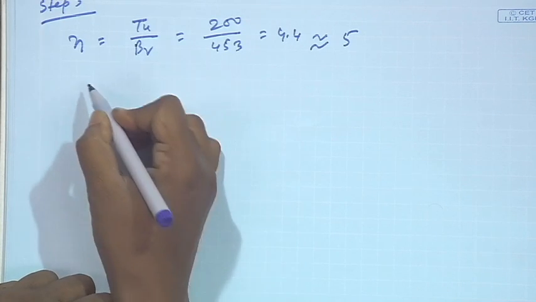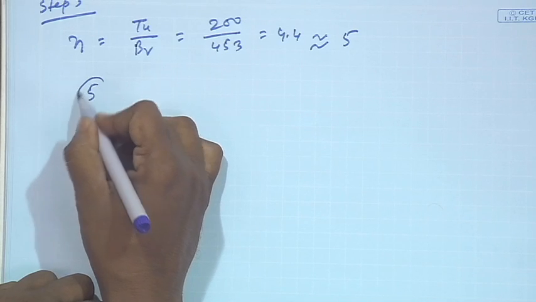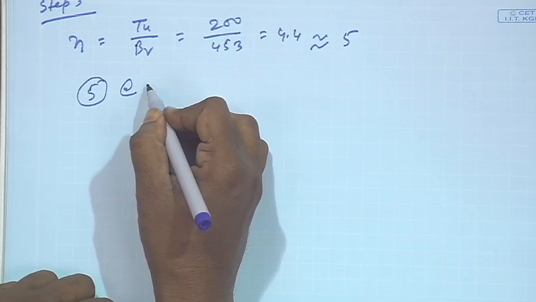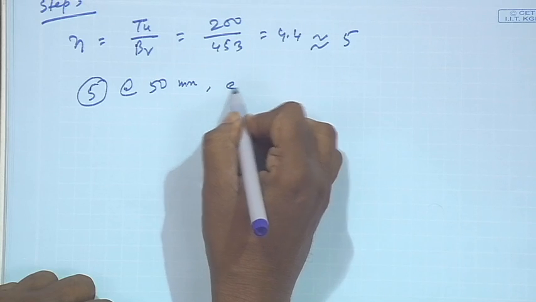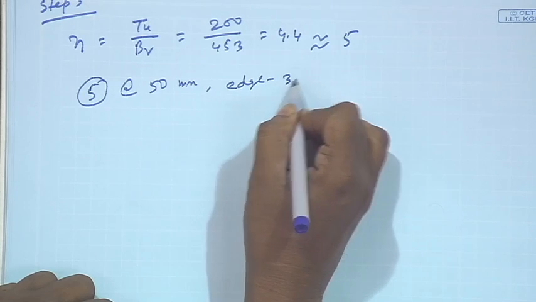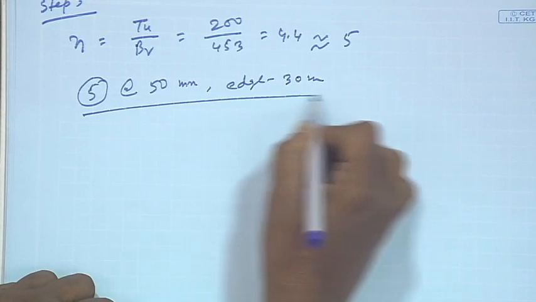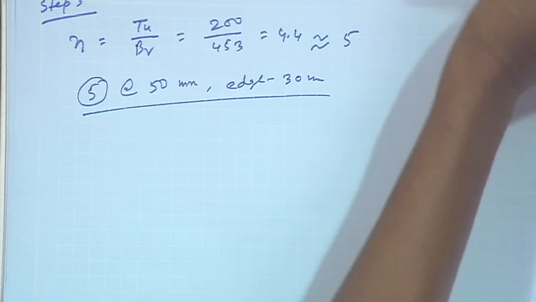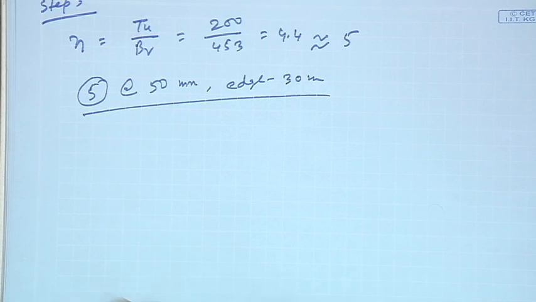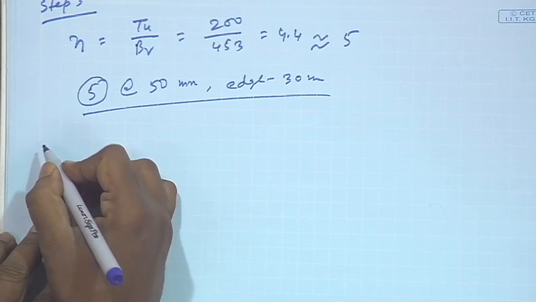Okay. So, let us use 5 number of bolts at a distance of 50 mm pitch and edge as 30 mm. So, this is the bolt arrangement. Okay. So, according to this bolt arrangement we can find out the rupture strength.